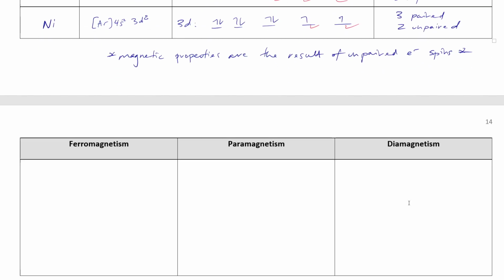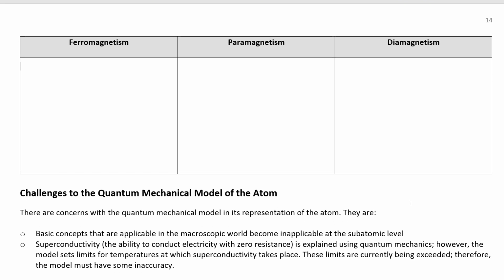There are 2 types of magnetism, ferromagnetism and paramagnetism, and then there is diamagnetism. So ferromagnetism, its key feature is that it is a strong magnetic substance.